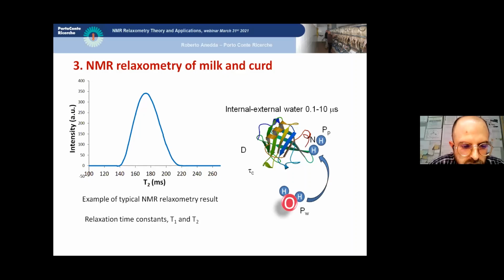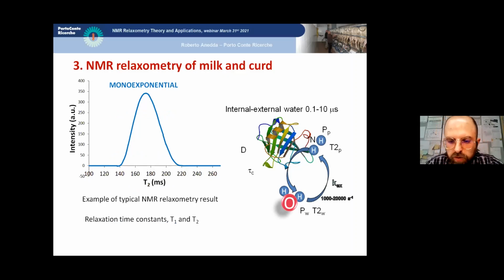It's called chemical exchange and is described by a constant Kx. Water close to the protein surface is involved in chemical exchange, and this can be studied by analyzing NMR relaxometry data. This proton population is described by a T2 value and a proton population, which describes each proton environment and how many protons of this type are present in the system.